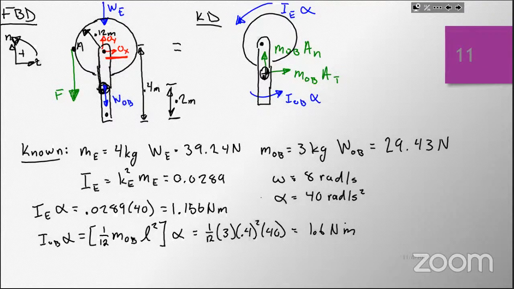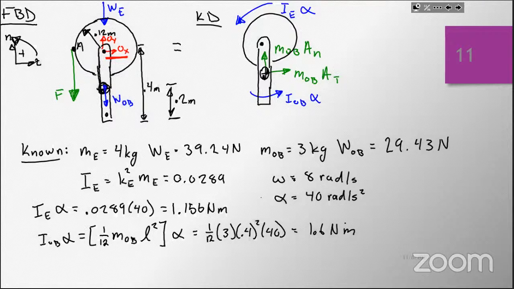Well, if I'm at O here, and I forgot my pointer, so excuse me today. I can't jump that high yet. I'll get there though. All right, if I'm at that pin, the center of the gear, what do I have? Well, I've got I_E alpha and I've got I_OB alpha. Those are both rotating about that center point, right? So those stay.